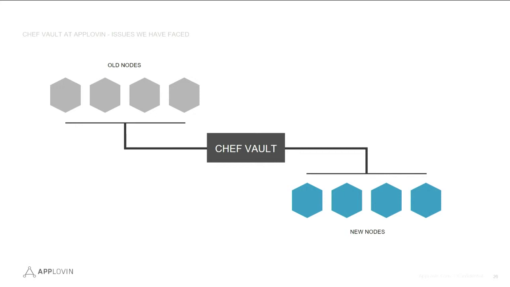You can have hundreds of nodes being deleted, hundreds of nodes being created probably 5 minutes after. It also depends on the demands of your business, basically. These nodes have credentials that are stored and accessed via Chef Vault.